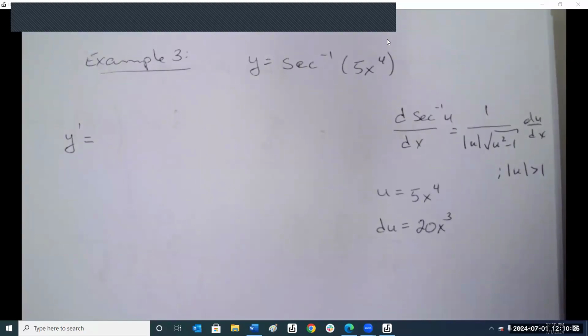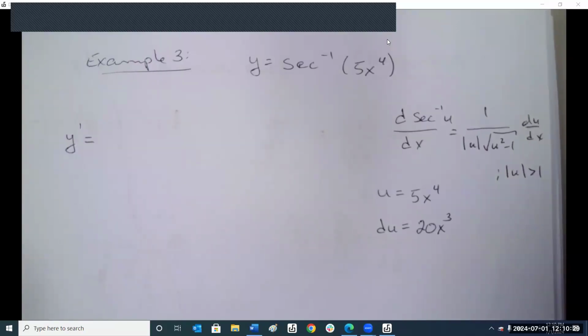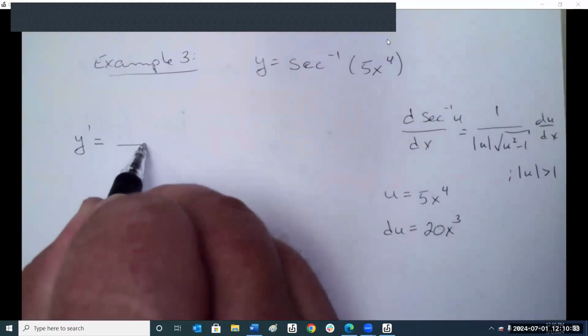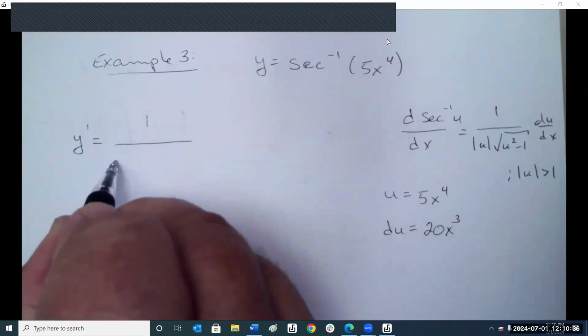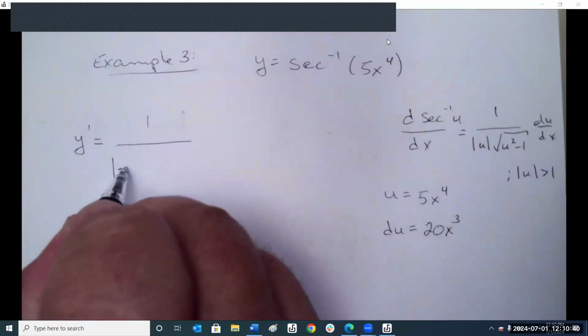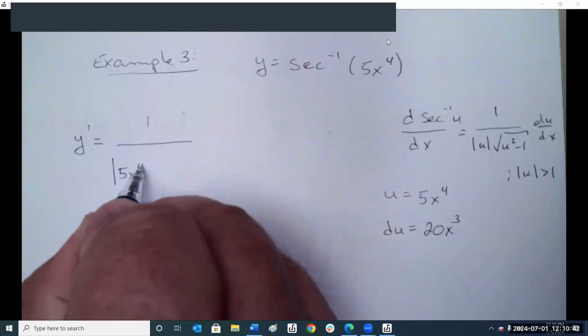Is it up or down? 5x to the fourth, yes. All right. So our solution will be, what goes in the absolute value symbol? 5x to the fourth.